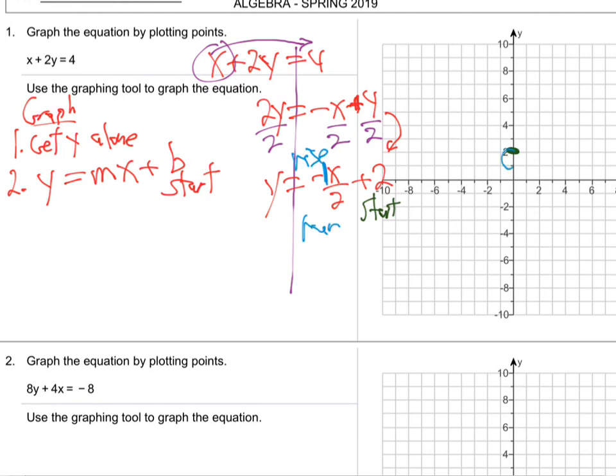So we go down 1, over 2. There's the second dot. Everybody good with that one? Down 1, over 2, and then just connect the dots. There's the line, and we've got it. So on the multiple choice test, you'll just look for the one that looks like that. We good? Questions on that one?